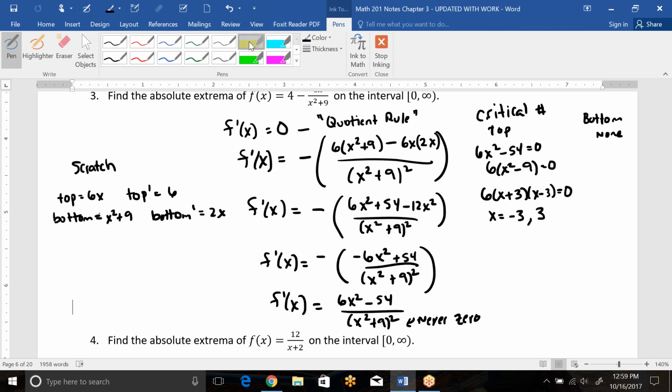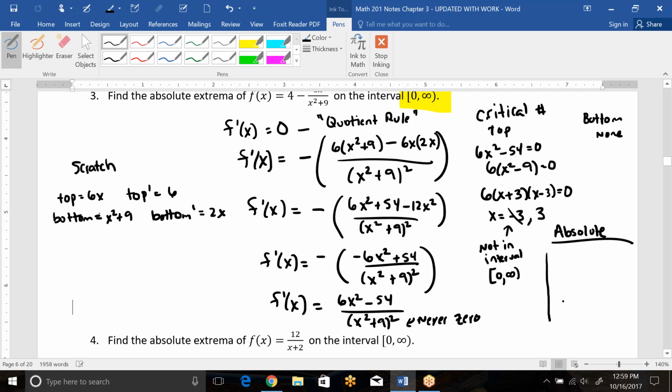Now the most important part is we have to look at the interval that they told us to be on. We're on 0 to positive infinity. So negative 3 is out because it's not in that interval. It's not something we can use. So when you're doing these absolute extrema, you don't do the same sign chart we did before.